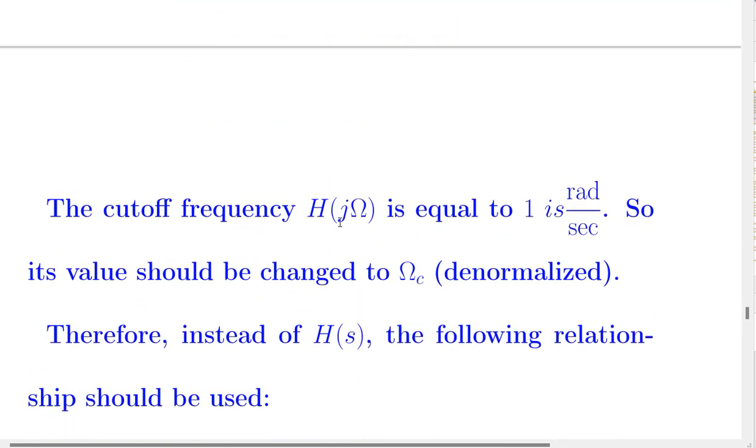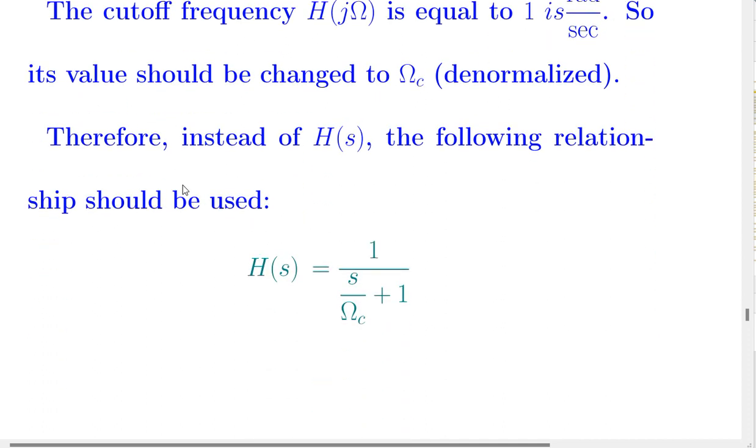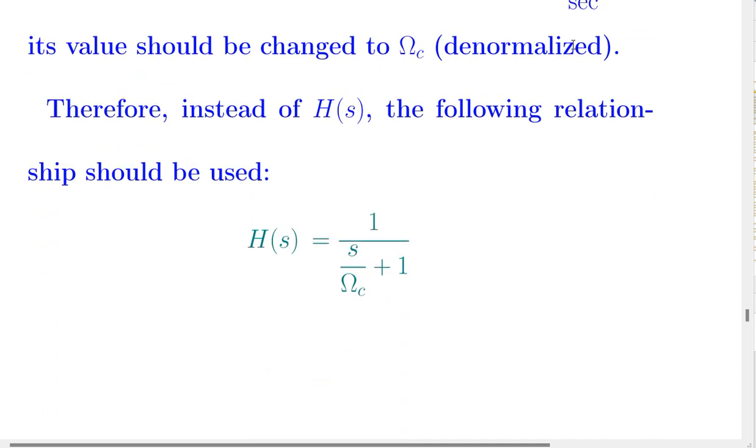Now, the cutoff frequency of H of j omega is equal to 1 radian per second. So its value should be changed to omega c denormalized. Therefore, instead of using H of s, the following relationship should be used: H of s needs to be equal to 1 over (s over omega c plus 1).